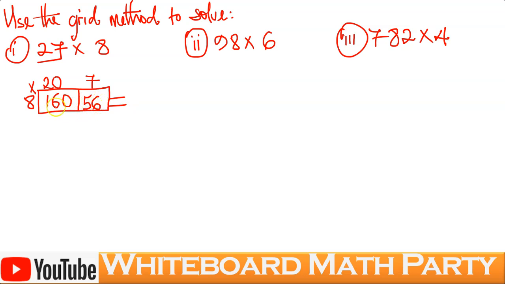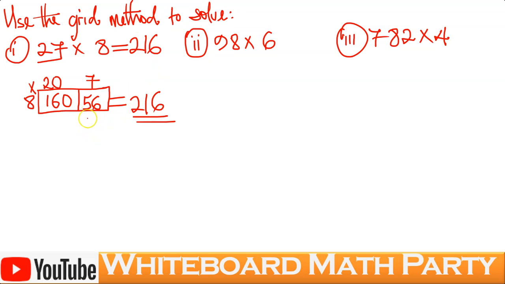Okay, so 160 plus 56. Remember your place value digits, so 0 and 6 will come together to give me 6. 6 and 5 will give me 11. So I'm writing 1, and 1 plus 1 is 2. So the answer is going to be 216. So it means that if I multiply 27 by 8, my answer is 216.